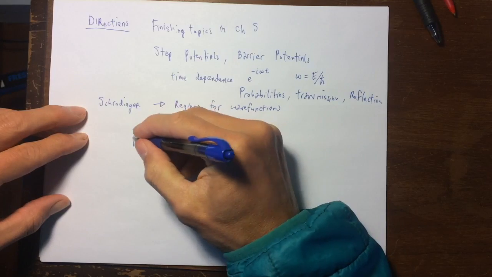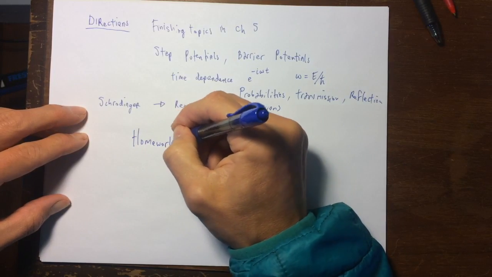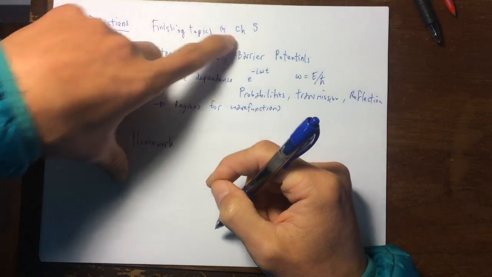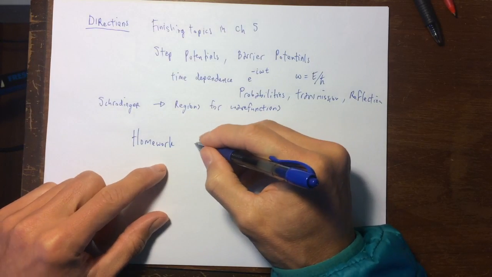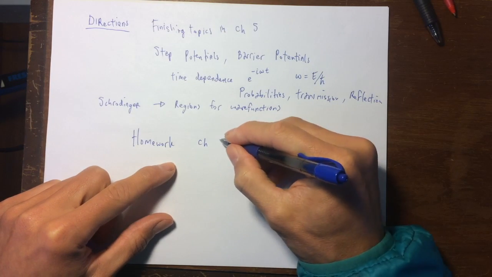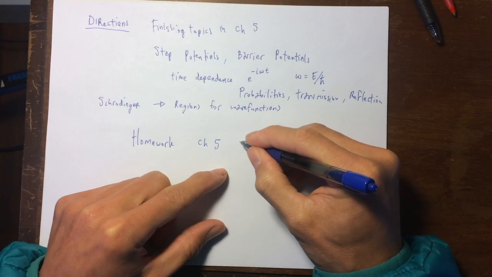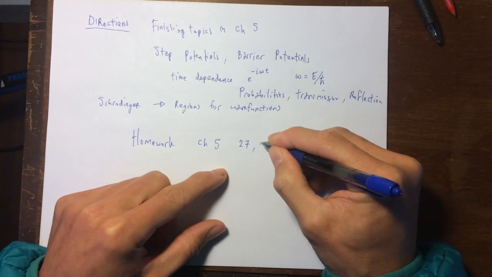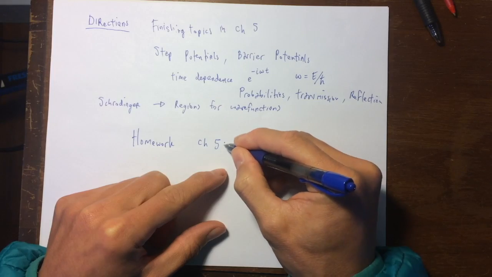Okay, so for homework associated with finishing these topics in Chapter 5, it's only just 2 problems. In Chapter 5, there are problems number 27 and number 29, just the 2 of them.